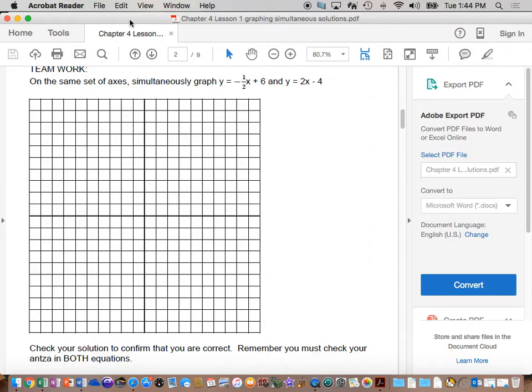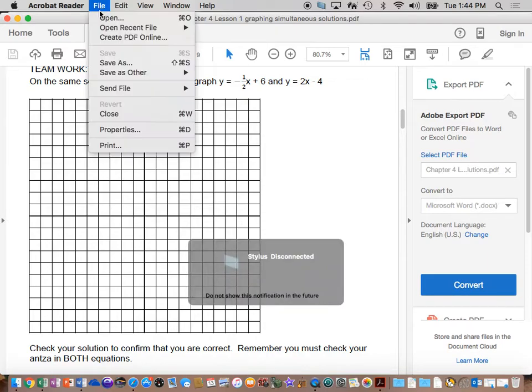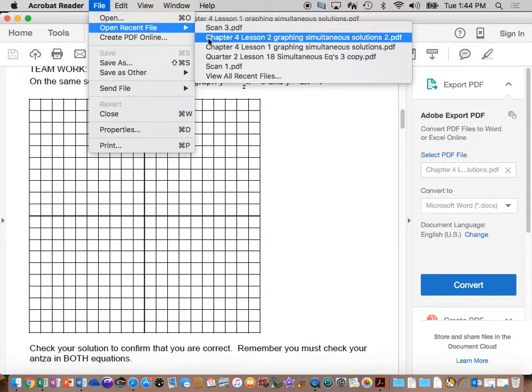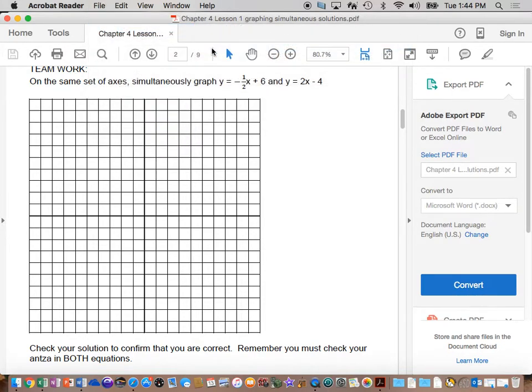Are these the same two lines? No. Mine's the same. Hold on, is this the wrong page?